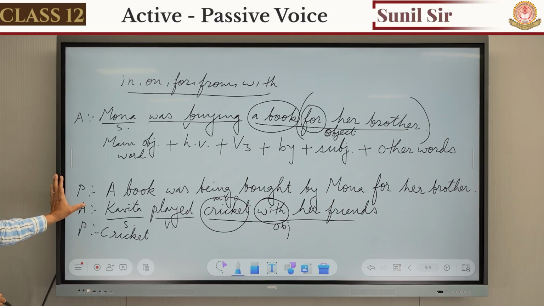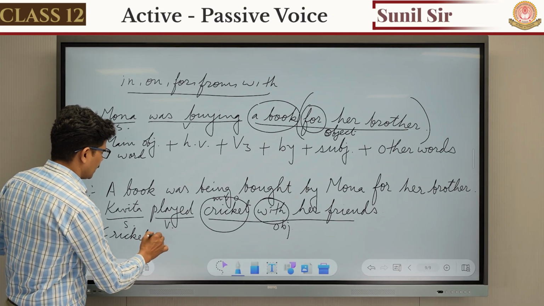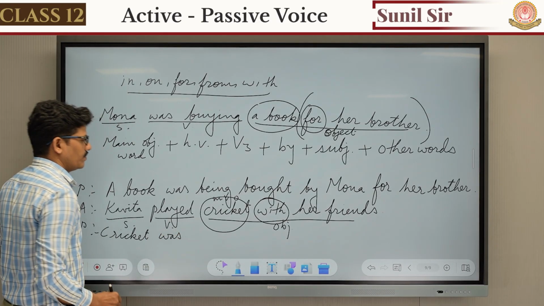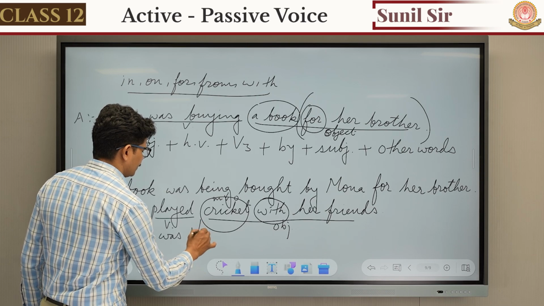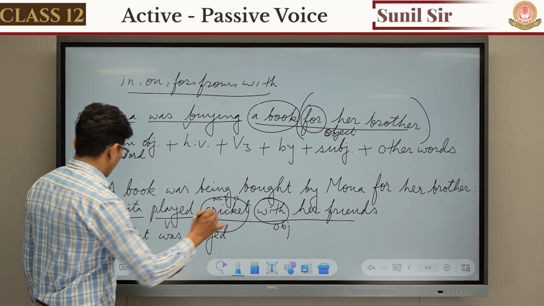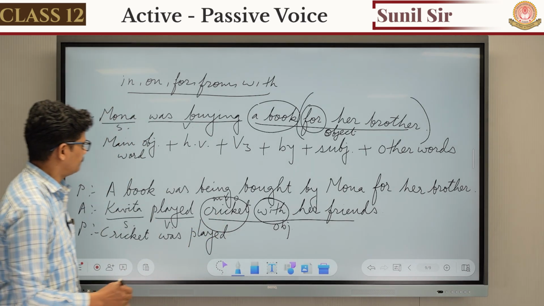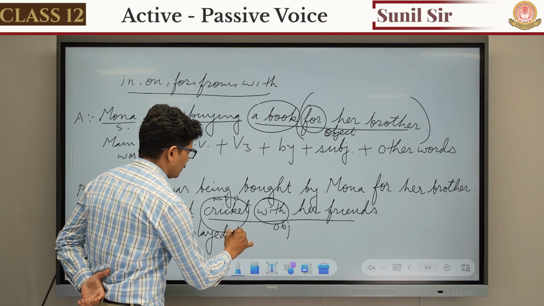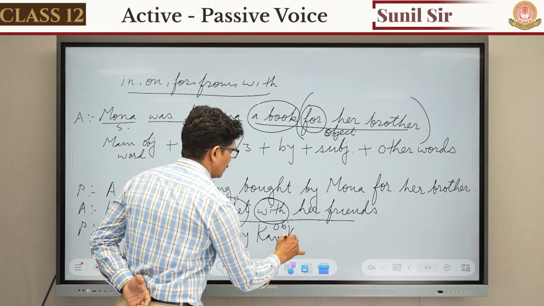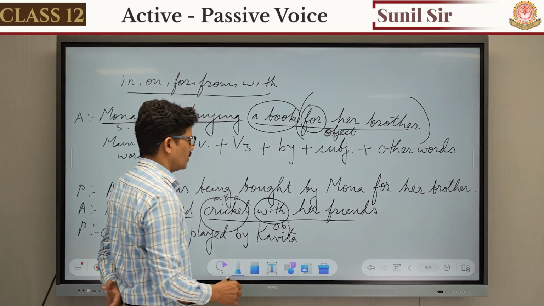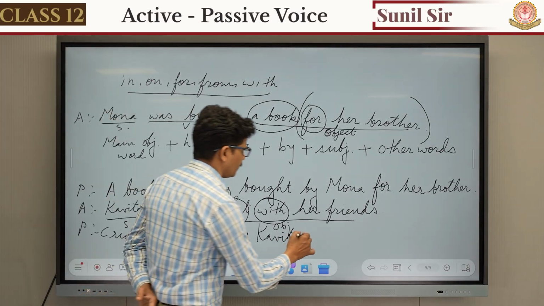This is simple past tense, so the helping verb will be was or were. Cricket was. Third form of the verb, played. Cricket was played by Kavita. Other words, meaning with her friends.